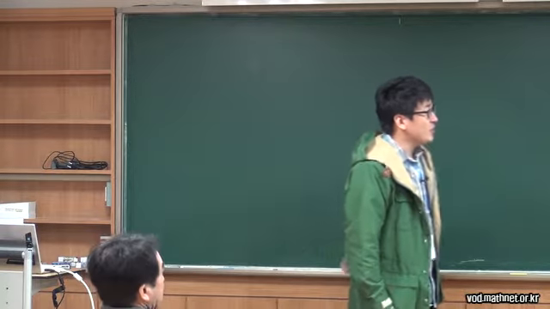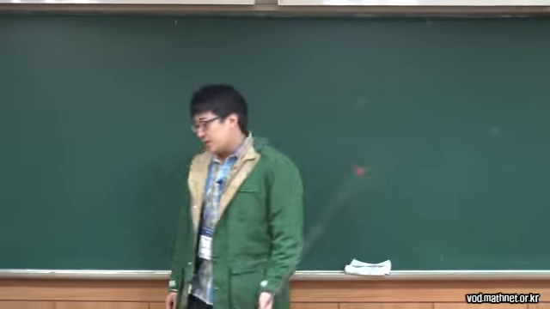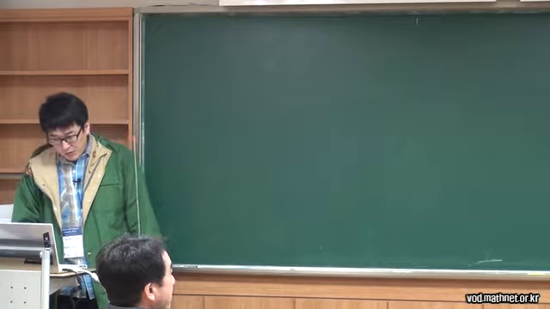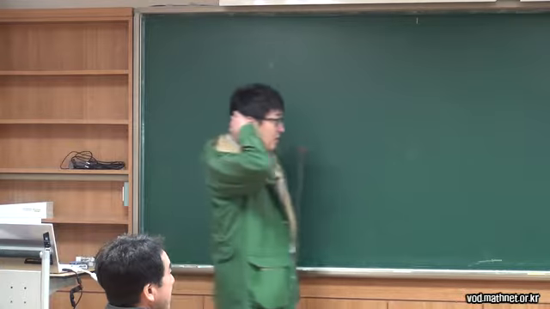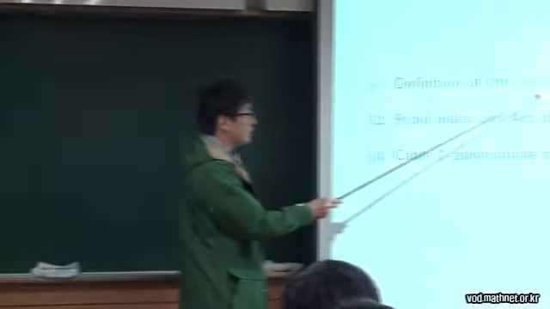And I'd like to talk about the cable gamma polynomial over knots. First, I explain what the gamma polynomial is, and we define the PQ cable gamma polynomial over knots.